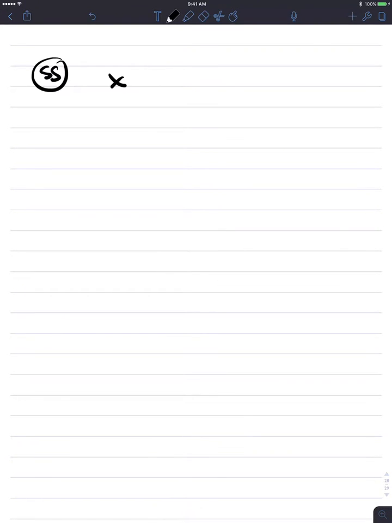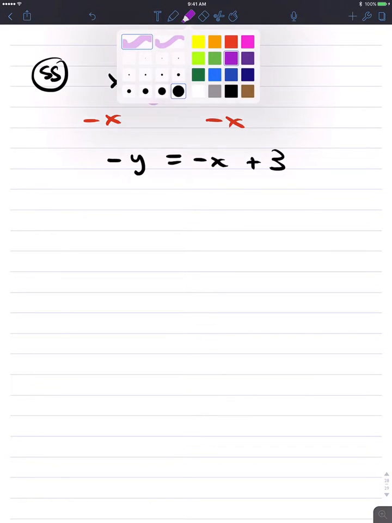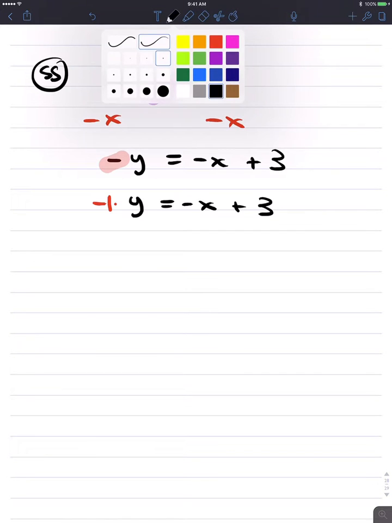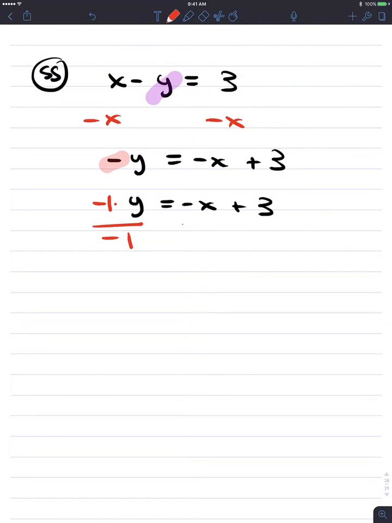Number 55. x minus y is 3. We're solving for y. We start by subtracting our x from both sides. We end up with negative y is negative x plus 3. If we take a closer look here, we have this negative y, and that's negative 1 times my y is negative x plus my 3. So in order to undo that multiplication of negative 1, we're going to have to divide both sides by negative 1.